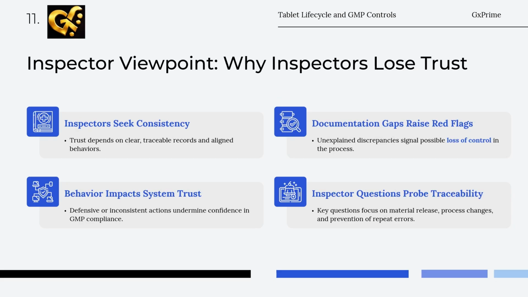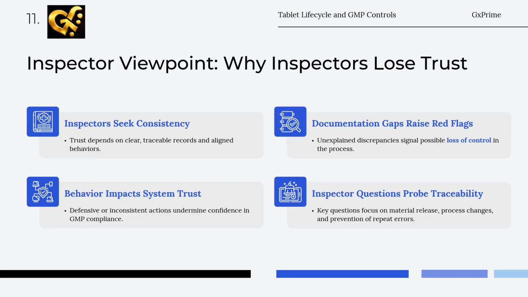Inspector viewpoint: why inspectors lose trust. Inspectors focus heavily on documentation, traceability, and employee behavior. They ask questions such as, who released the material? How is the deviation handled? What prevents recurrence?